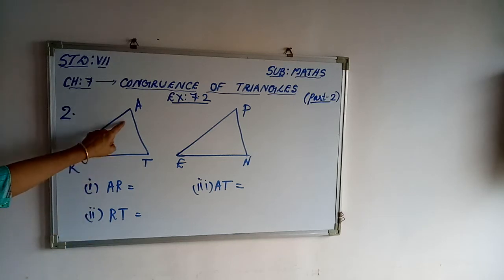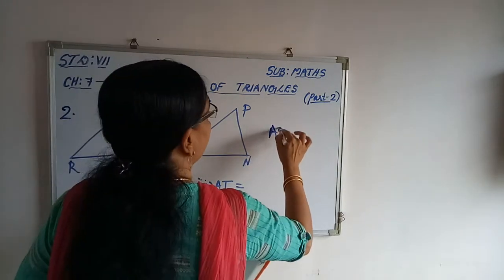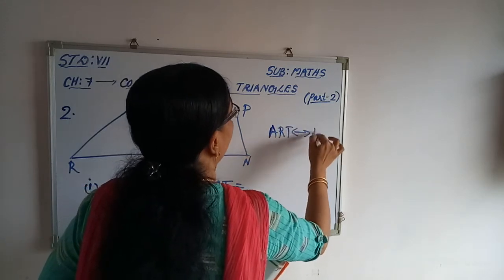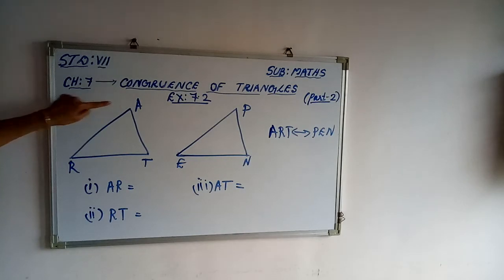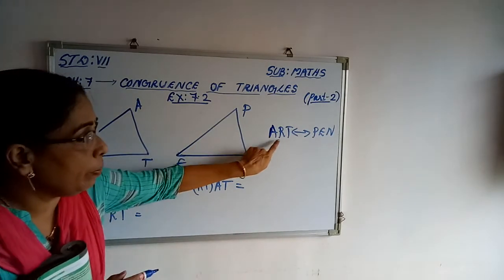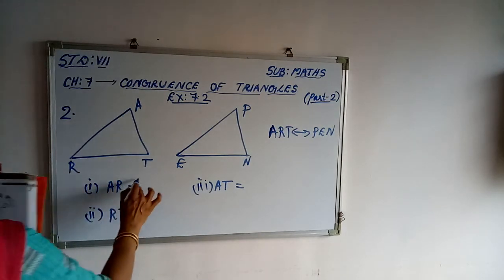So the correspondence is ART corresponds to PEN. Now if the correspondence is ART corresponds to PEN, then tell me, AR will be equal to PE, isn't it? AR will be equal to PE.